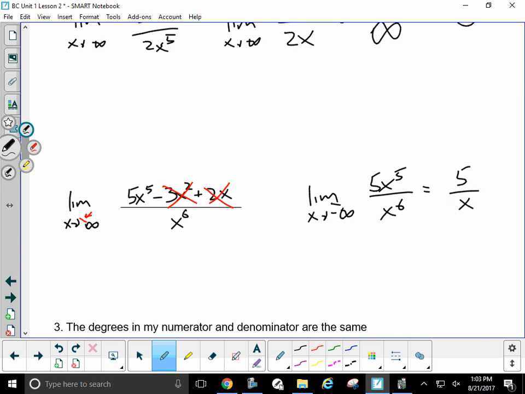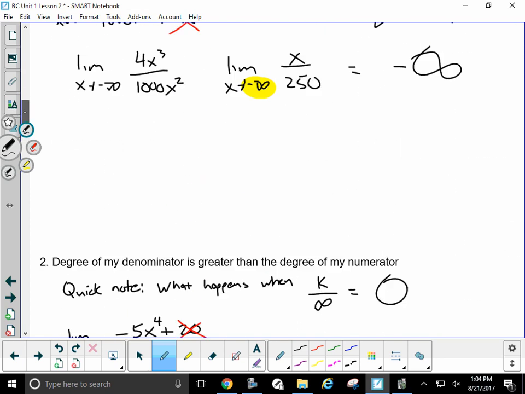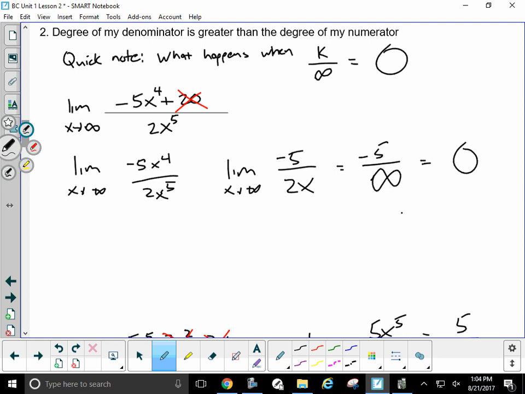As x approaches negative infinity, the 5 over a very large negative number still would be approaching 0. Okay, so for all of these, whereas the previous ones we didn't have horizontal asymptotes because we were approaching infinities, these have horizontal asymptotes. They're at 0.